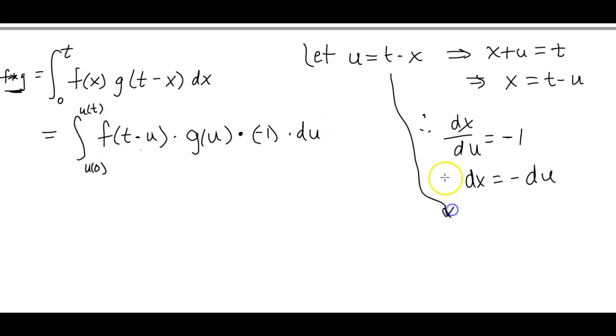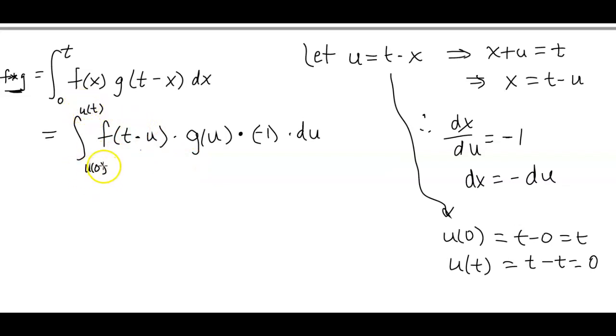And if we were to work on that down here, then u of 0, knowing that x is going to be our variable and t is our constant, that's just going to be t minus 0, which is t. And then after that, we would have u of t, and this would just be t minus t, which is 0. Okay.